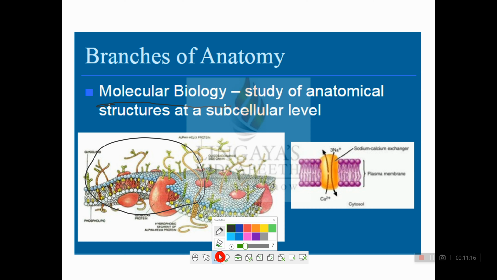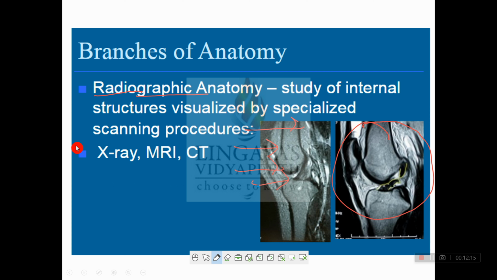Radiographic anatomy can be performed by scanning procedures on which we have to focus and observe, and the image is observed on different films, indicating which changes a joint, or any part of the body, is going through.